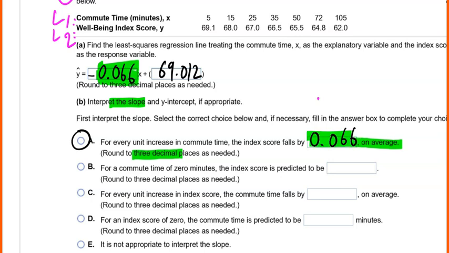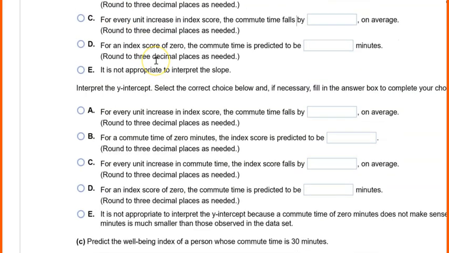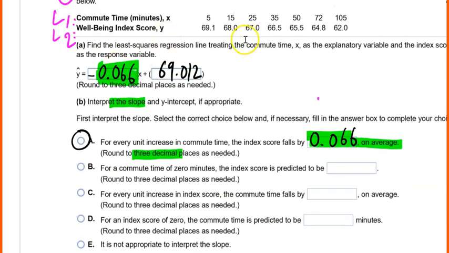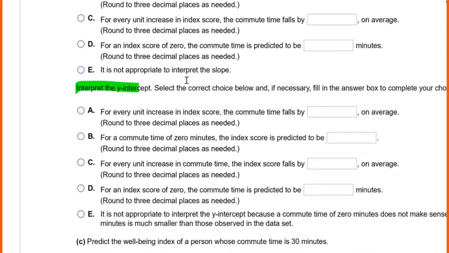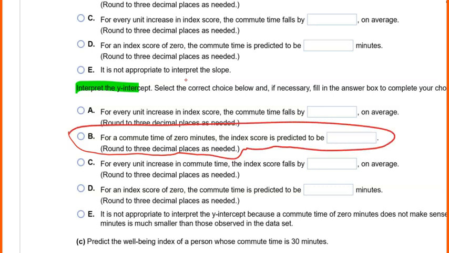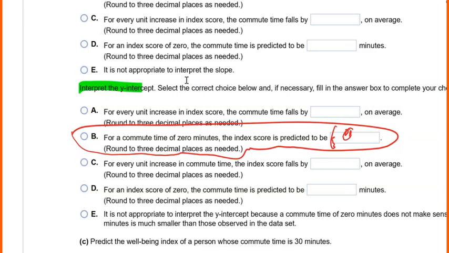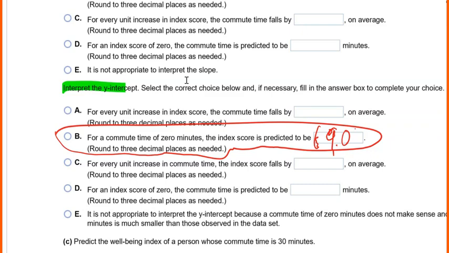Alright, now the next question: interpret the y-intercept. The y-intercept is the value when x is 0. In other words, when commute time is 0. Therefore, when the commute time is 0, this is the well-being score. For the y-intercept interpretation, you have to choose B. For commute times of 0 minutes, the index score is predicted to be 69.012.